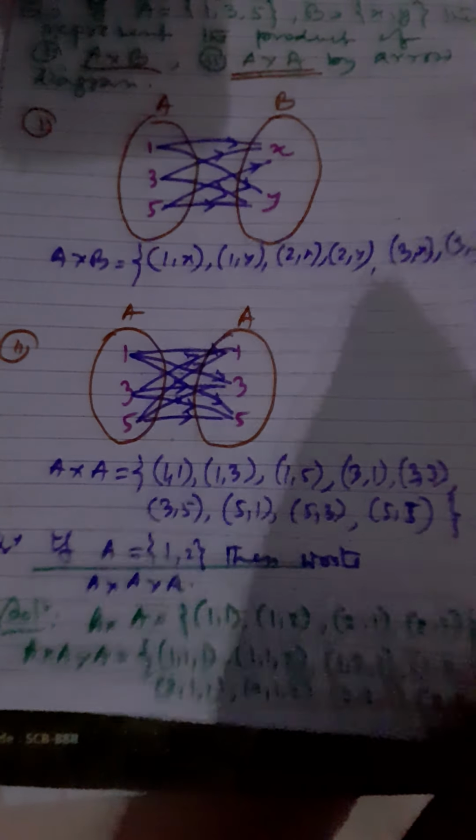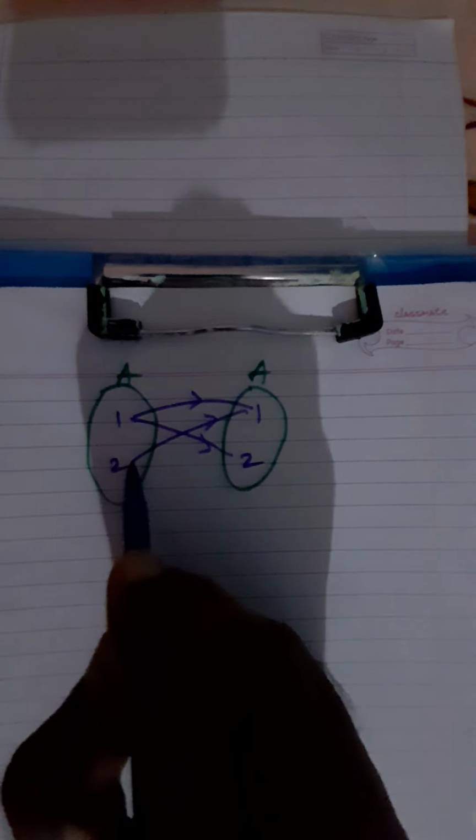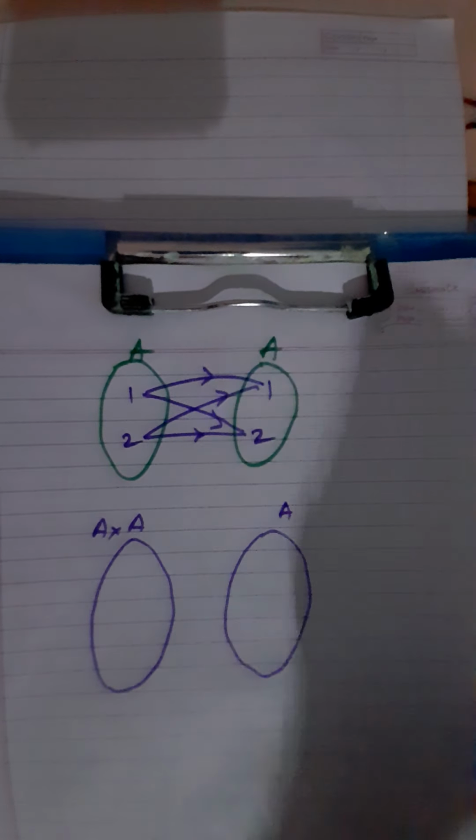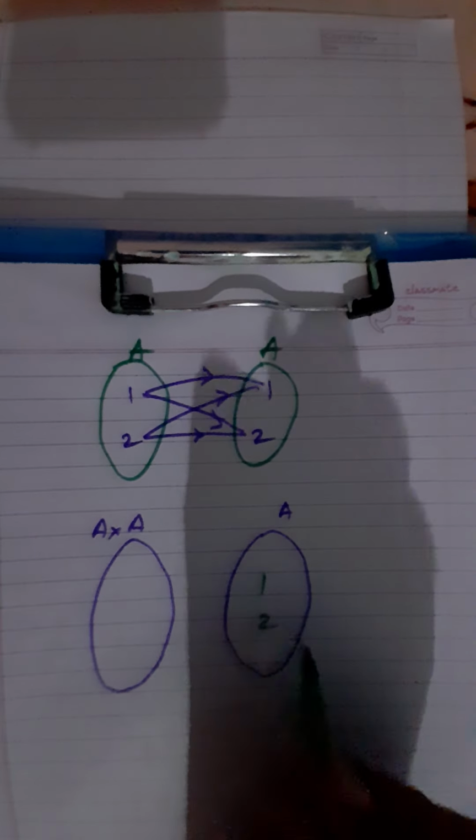Now we can represent it by arrow diagram also. Let's see how. But here we have to do it in 2 steps. This is A, this is A. So 1, 2, 1, 2. This one 1 comma 2, this way. Okay. Now here also A cross A with A. There is 1, 2.